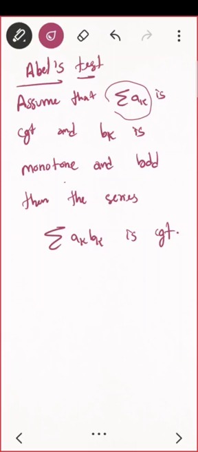Then it is convergent. It is as simple as that. So it says one series should be convergent and one sequence should be convergent, correct? Then the product will be convergent. So this is a nice test, Abel's test.